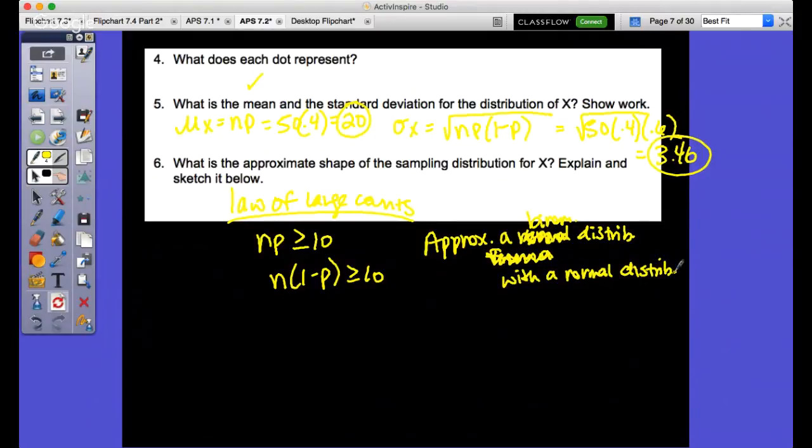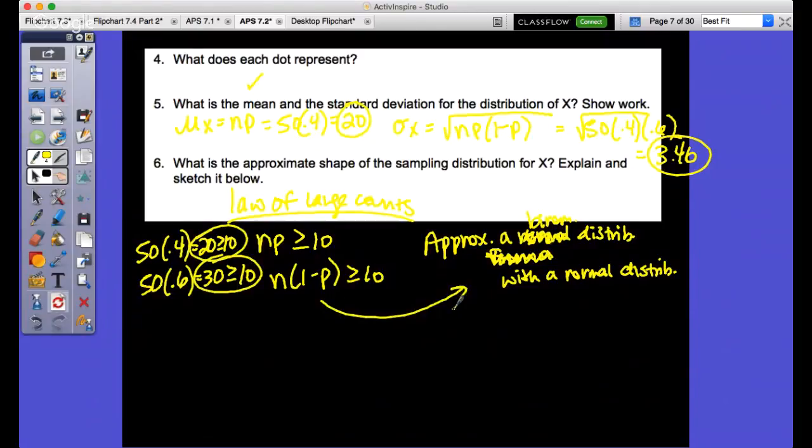We can use the normal distribution if these are true, and so we could show that by saying, okay, in this case, 50 times 0.4 is equal to 20, and it's greater than or equal to 10. And then 50 times 0.6 equals 30, which is greater than or equal to 10. And therefore, because of that, we can, in fact, do this part over here, okay? And that's what we're doing on number 6.